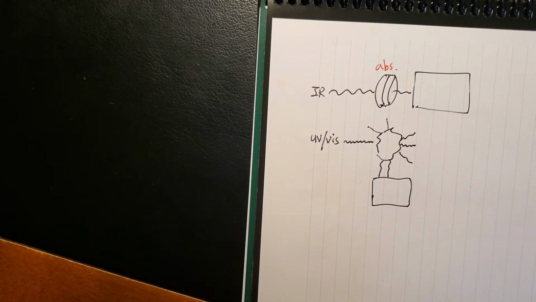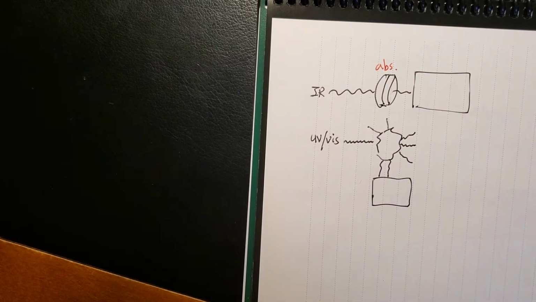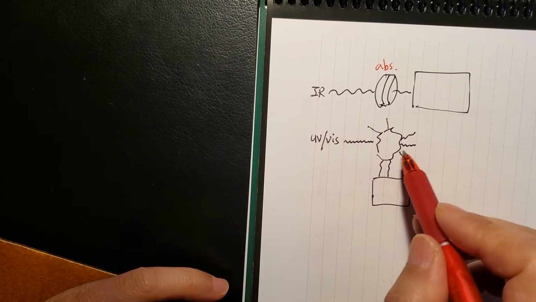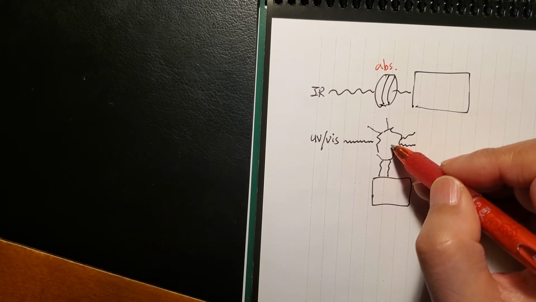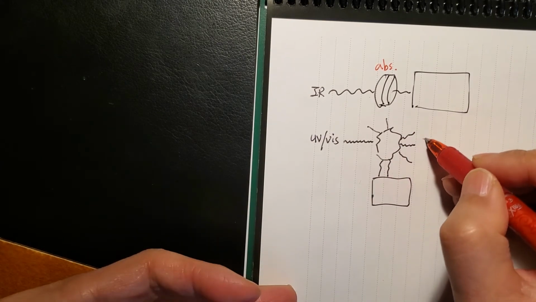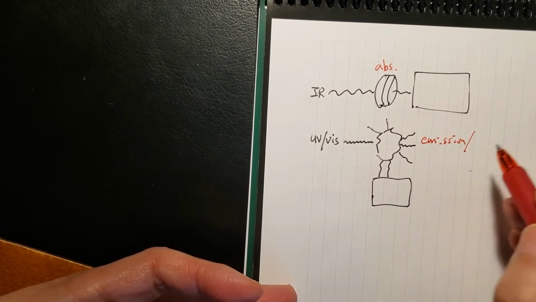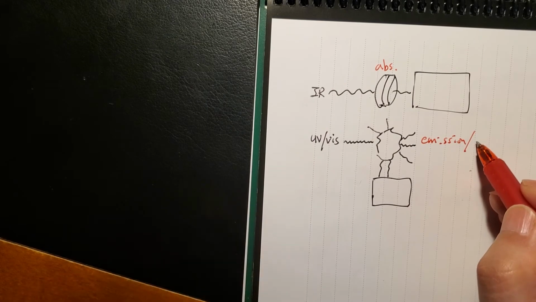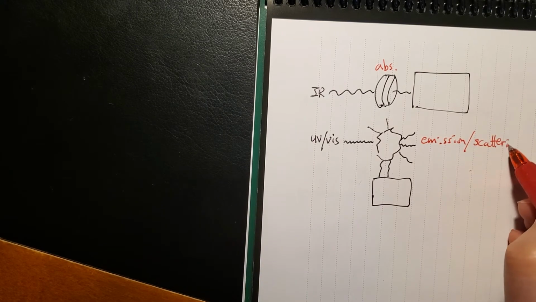So instead of measuring the transmitted light, what we are looking at here is absorption, yeah, but what we are measuring is the emitted light, emission, or the phenomenon can be called scattering, okay.